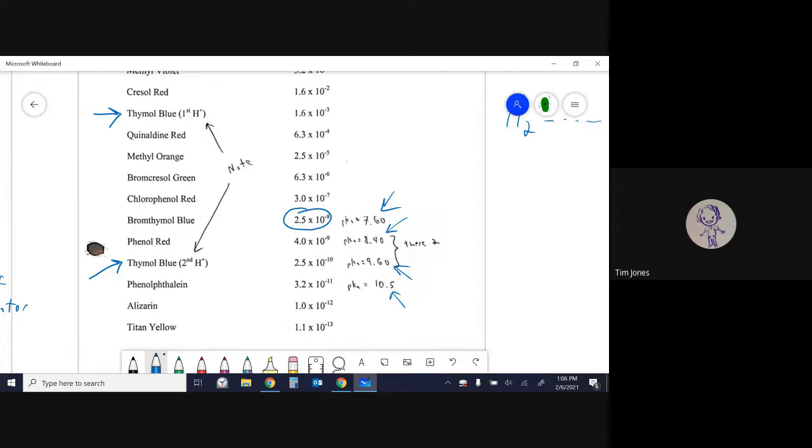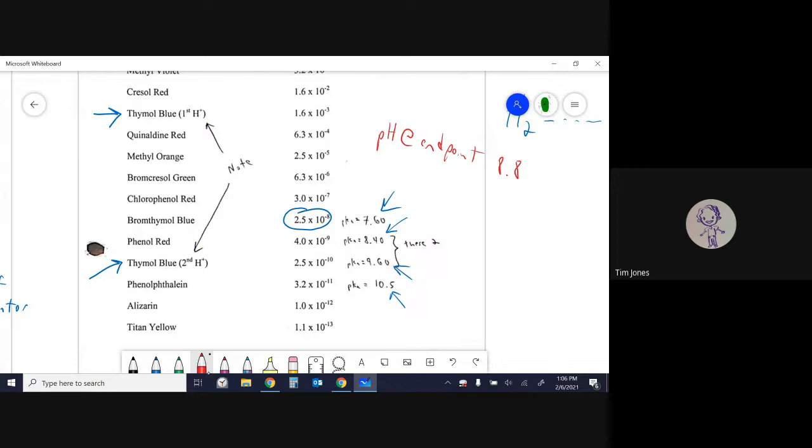And so they're all in the discussion. But we said that the pH at the endpoint was 8.8. And you want to stay within that and be as close as possible. So 7.6, that's pushing it.